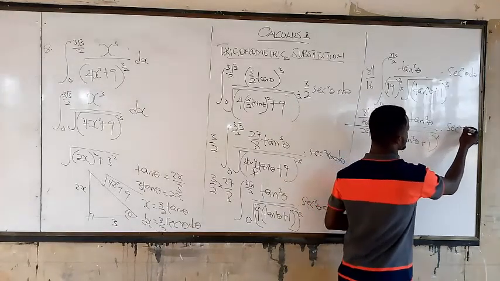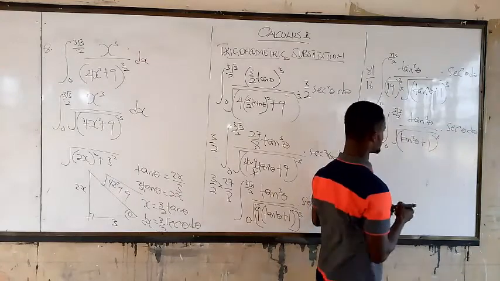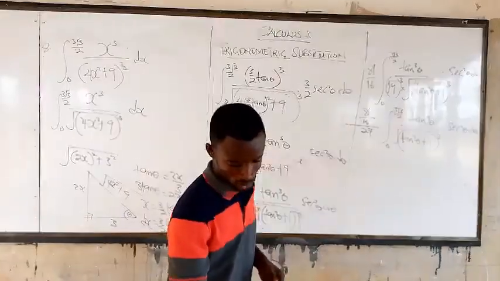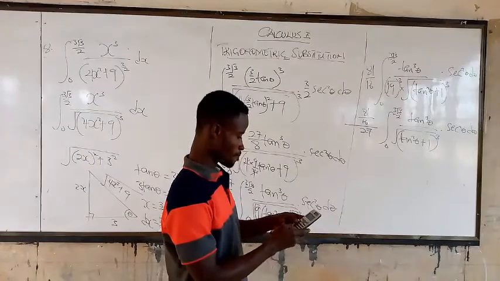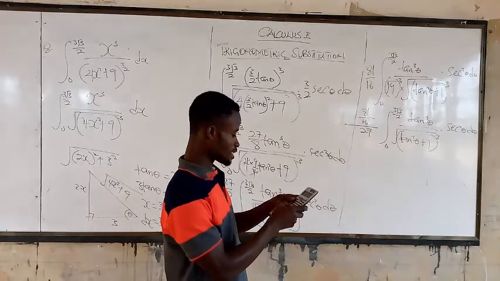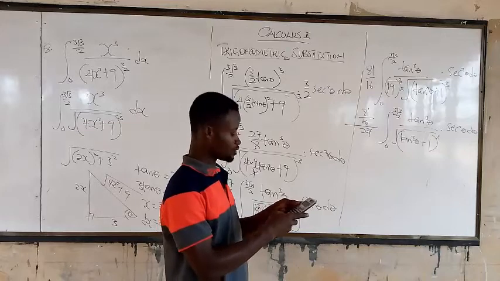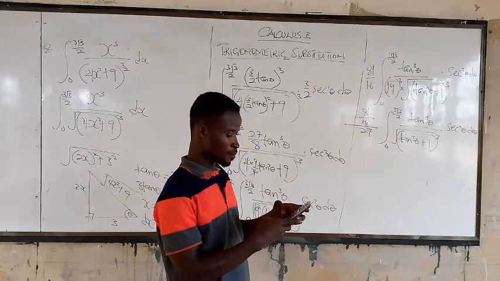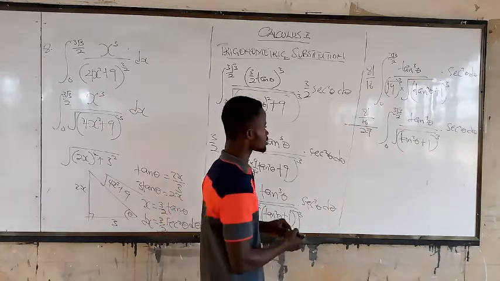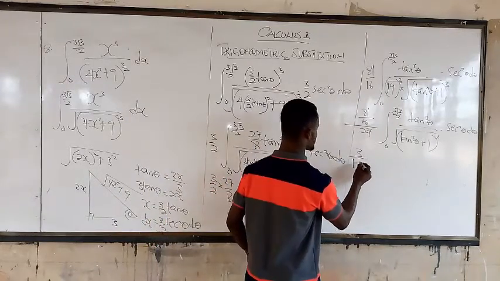And here is sec square theta d theta. Very good. So we know that here is 81 over 16 all divided by 27. And we get 3 over 16.